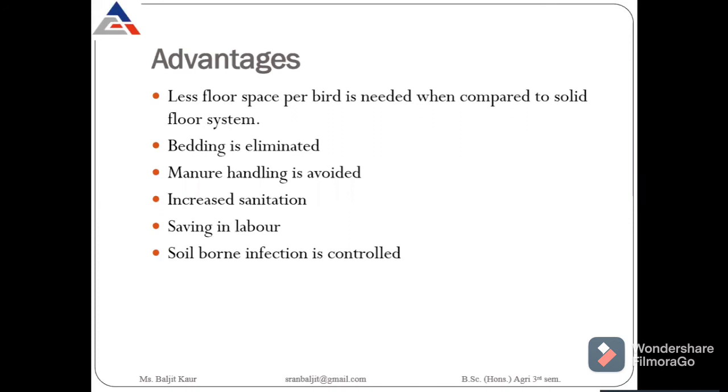In case of litter, bedding is required, but in this case, bedding is eliminated. Manure handling is avoided. In the deep litter system, we need to handle the manure, and in this case, manure handling is avoided. There is increased sanitation as compared to the deep litter system. There is saving in labor, and soil-borne infection is controlled in this case, right?